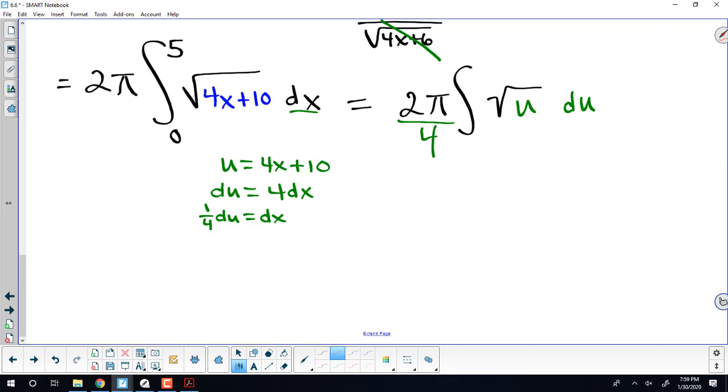Okay, our bounds on x were from 0, so if x is 0, u is 10. If x is 5, u is 30. So we can certainly integrate that. It's kind of the point of the algebra, I guess.